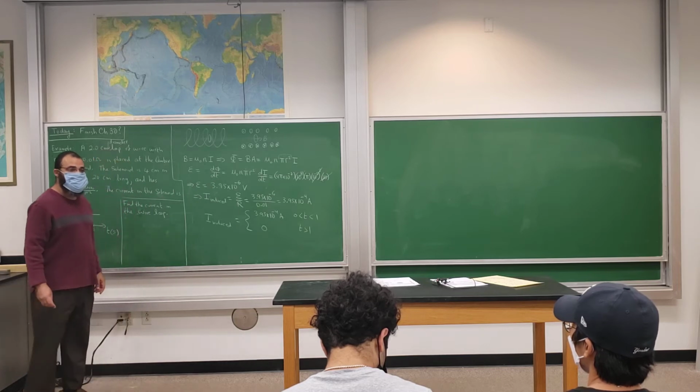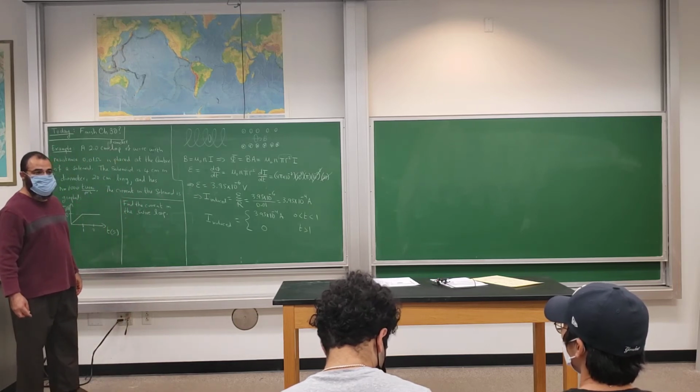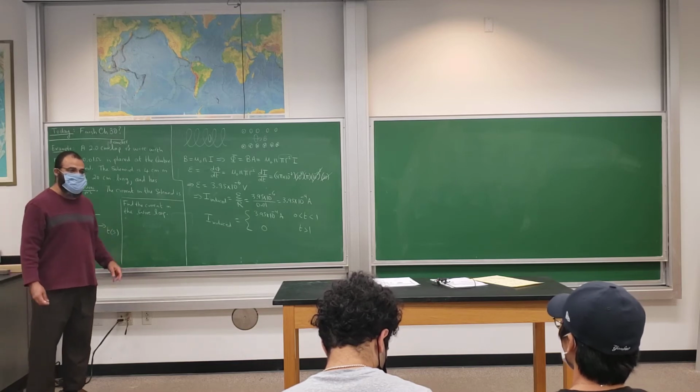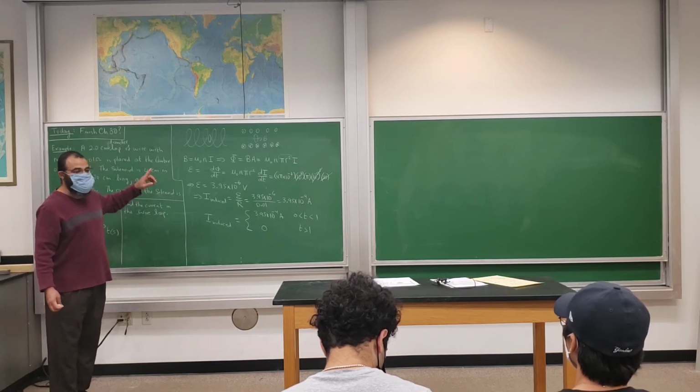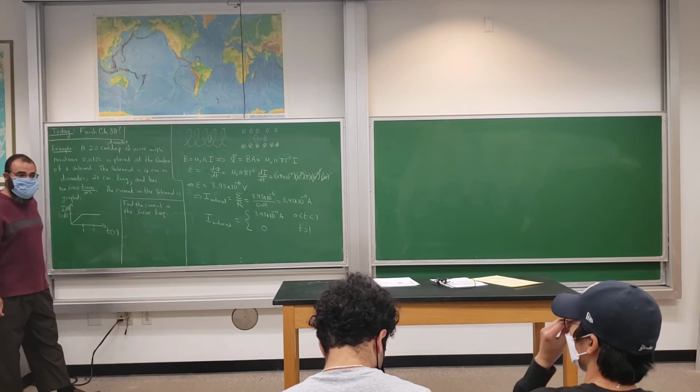Yes, this current is due to an induced electric field that causes a difference in potential. Yes, and we have not discussed the induced electric field yet. Within about 10 minutes we will discuss that. But that is the idea.